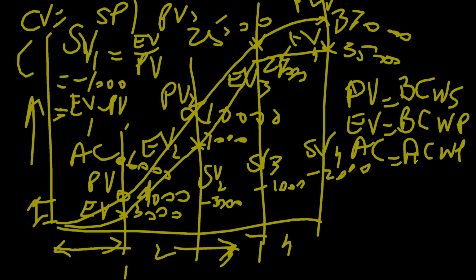Whatever was scheduled for 1 month, how much was the budget kept for that, that is the planned value for that point. So planned value could be after any dot on the S curve. That is, at that point, what is the budgeted cost of work scheduled till that point. Earned value is budgeted cost of work performed at that point.